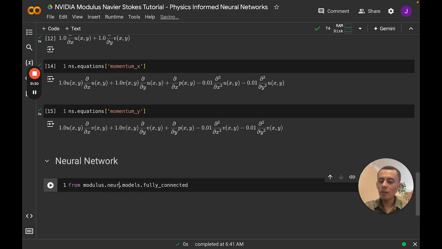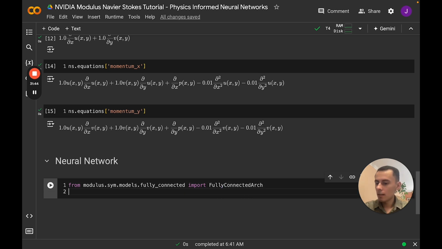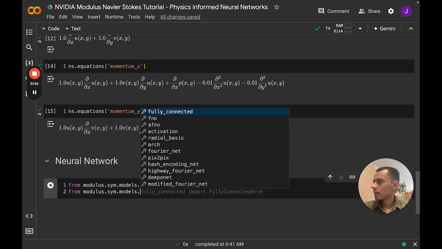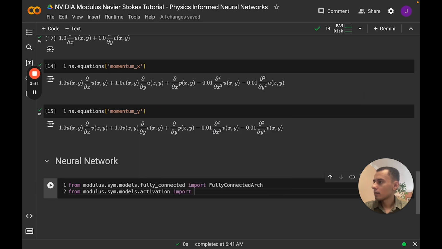It should have been called neural network models or something like that, but it means it's the symbolic library of NVIDIA Modulus. Import fully connected architecture from Modulus sim models activation import activation.